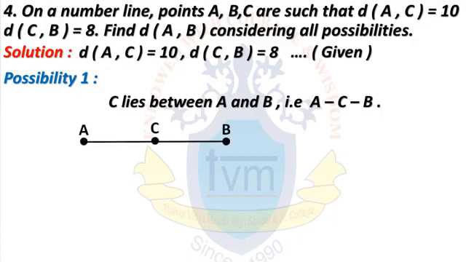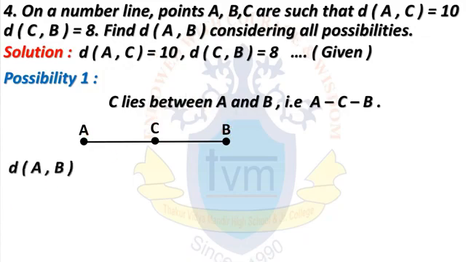Here segment AC, right? Distance AC plus distance CB equals distance AB.